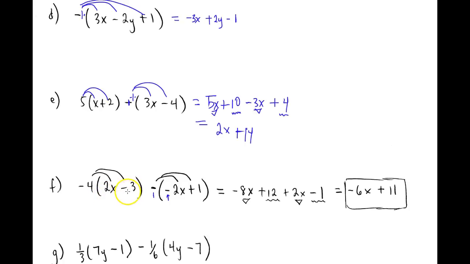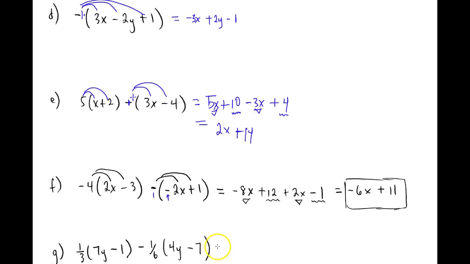Second term we get a +12, because a negative times a negative is a positive. And for our next two terms, we know a negative times a negative is a positive, so that's why we get a +2x, and then negative times a positive is a negative, so that's why we get a -1. And then from here we just combine like terms.